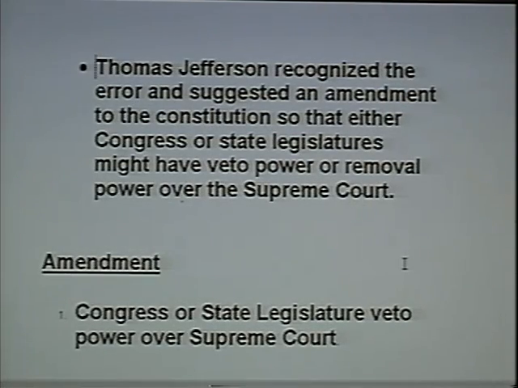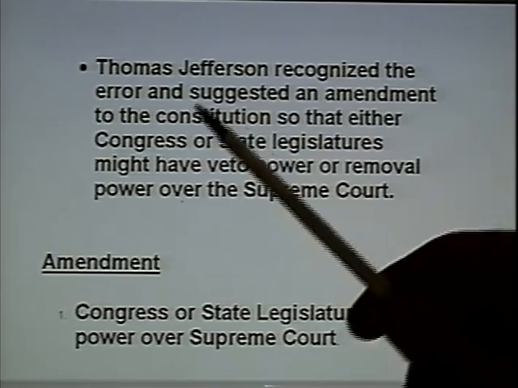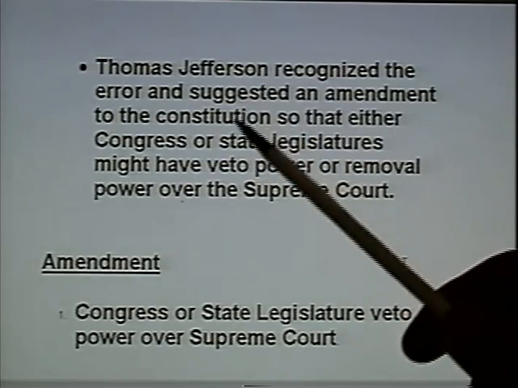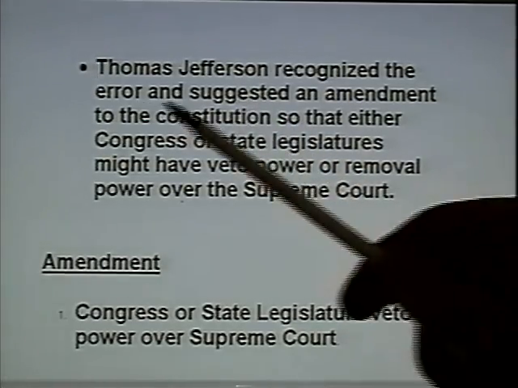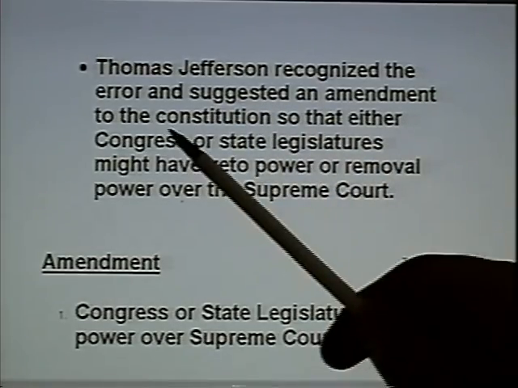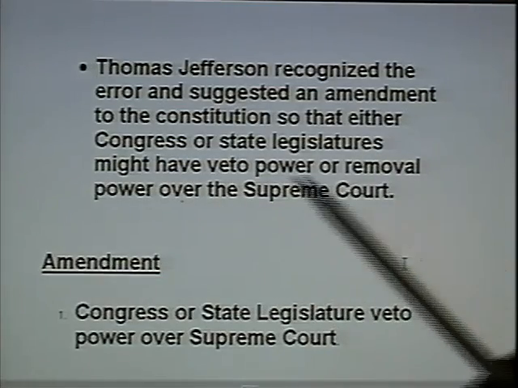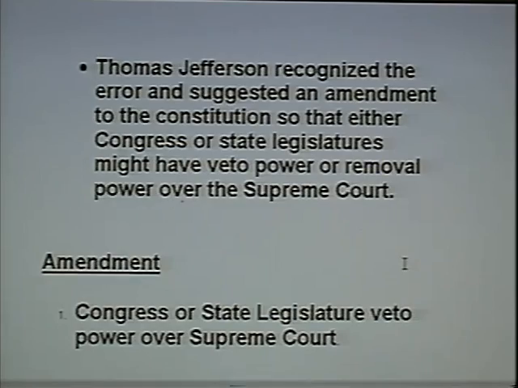Shortly after the Constitution went into effect, Thomas Jefferson recognized the error. In other words, there was a loophole left in the original Constitution, and he suggested an amendment so that either Congress or state legislatures might have veto power or removal power over the Supreme Court.